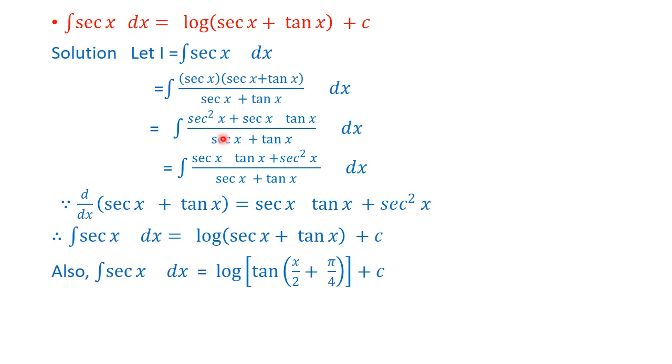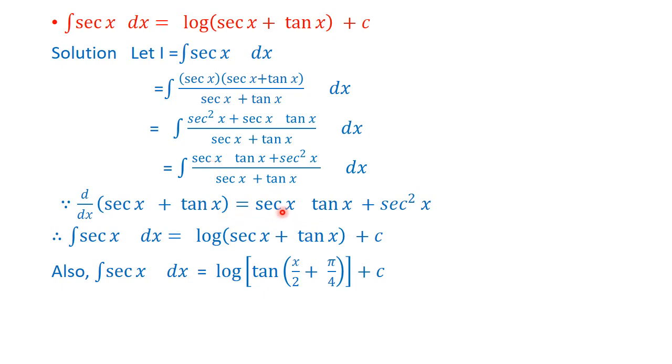Now sec x into tan x is the derivative of which function? It is the derivative of sec x, and sec square x is the derivative of tan x. So here the numerator is the derivative of the denominator. So again this is in the form f dash of x by f of x. The derivative of sec x plus tan x is: derivative of sec x is sec x tan x, plus derivative of tan x is sec square x.